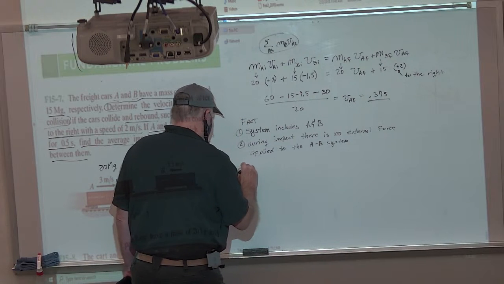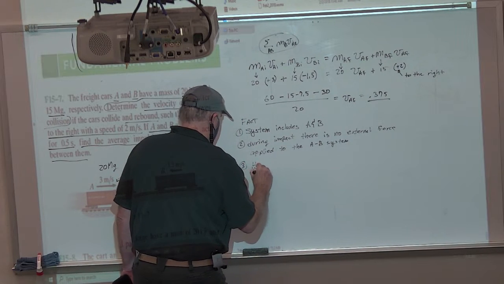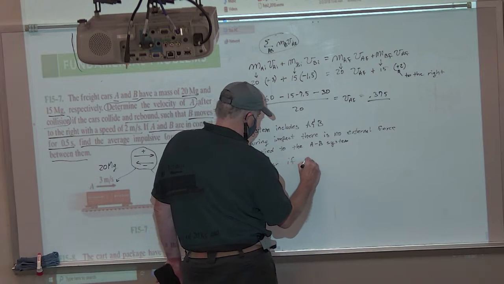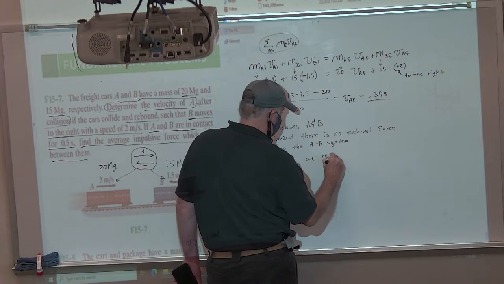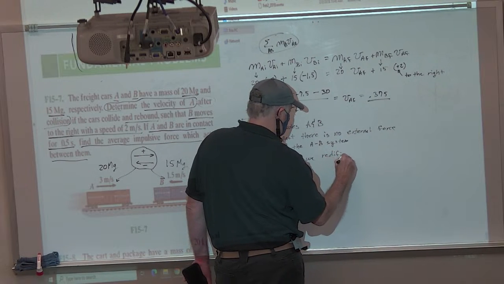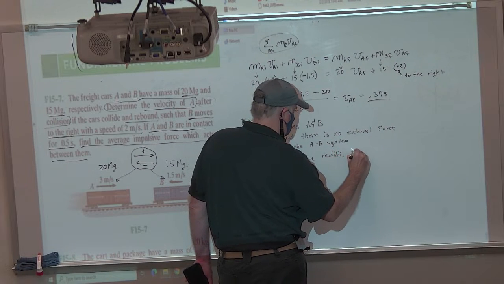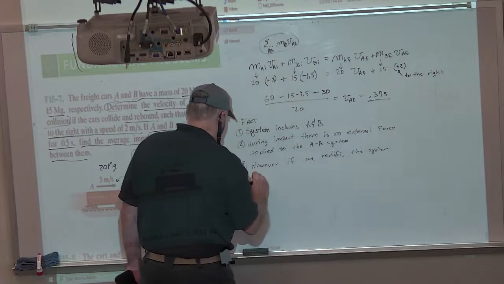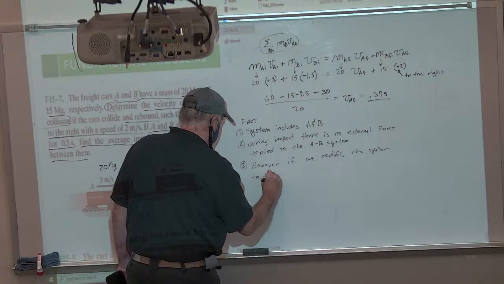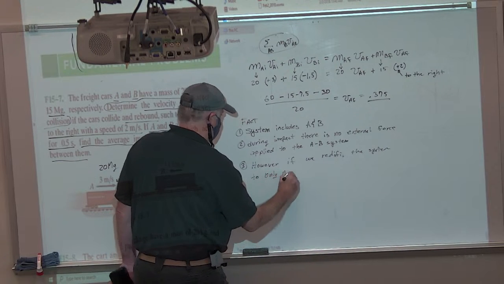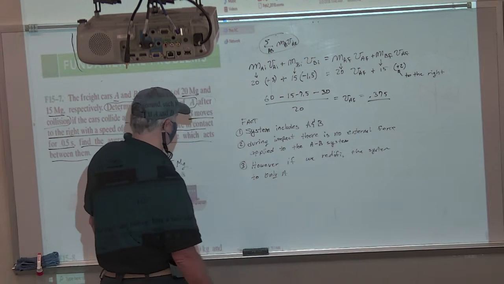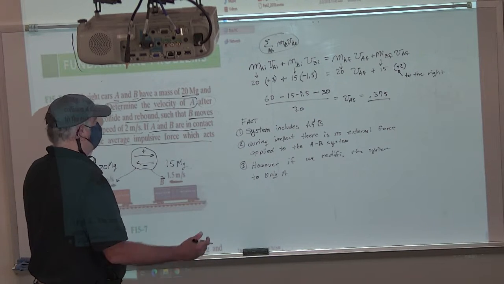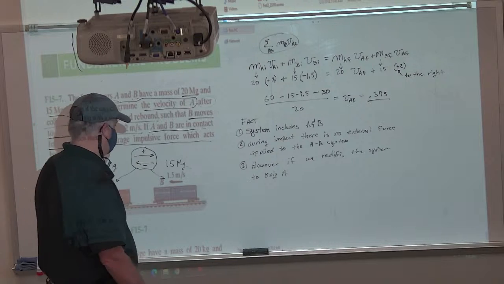And then I'll say this will be, however, if we redefine, that's misspelled, the system to only A, what happens? We can pick either A or B, so I'm gonna pick, I gotta pick one. I think I'll pick B.